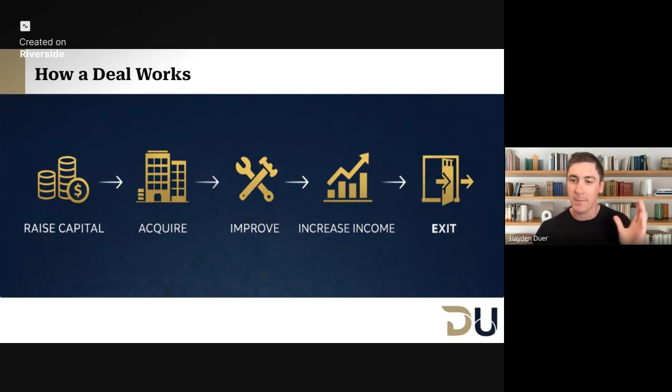And then we run the project from A to Z, from day one to the day we exit. We increase the income, which then increases the value of the property, and we'll go into that a little bit later, and then we exit. So that's ultimately, from a high-level standpoint, how these projects work.